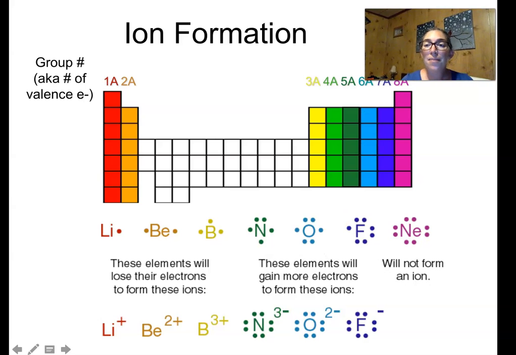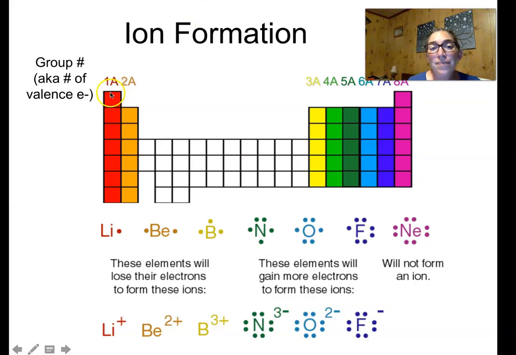So since we know that ions form by gaining or losing electrons in order to have a full valence shell, and since we can cheat about numbers of valence electrons using our periodic table, we can also kind of cheat and use the periodic table to figure out what the charge on an ion is going to be for those main group elements.